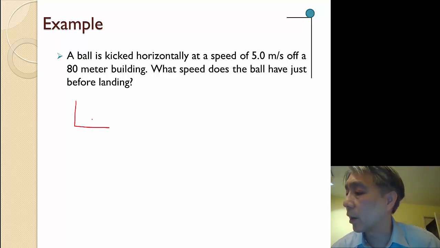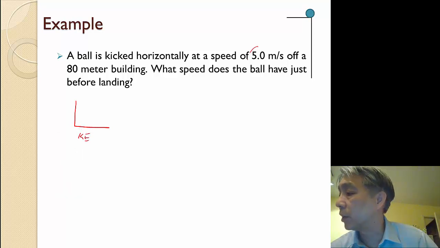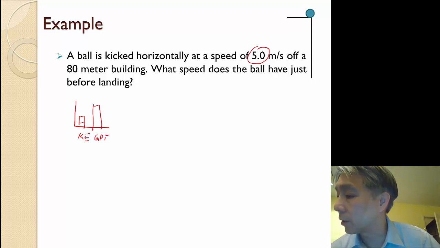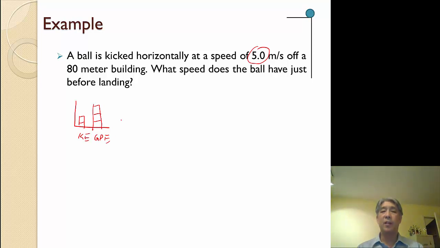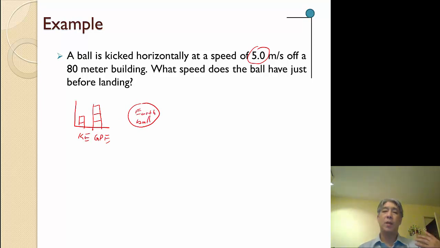So here's my LOL diagram. In the beginning, I have a little bit of kinetic energy, yes, because I have an initial speed of 5 meters per second. I have a lot of gravitational potential energy. Let's say I have 3 units. I'm going to leave out the elastic because that's not going to be useful. In the system, I basically have Earth and ball, because that's really the only thing we're going to be focusing on.